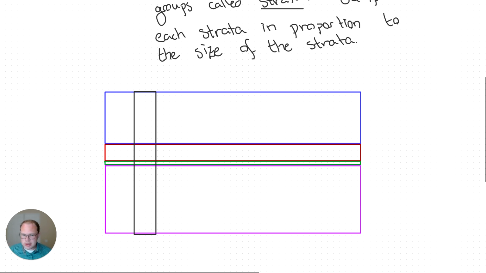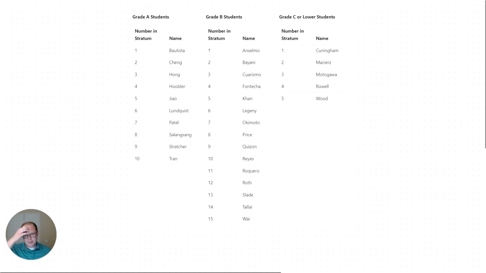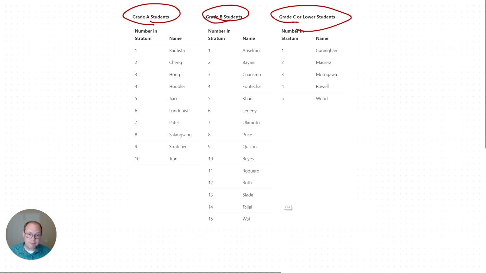Let's take a look at an example here. Hopefully you can read that. I know the text is a little small, but we have 3 groups of students: grade A students, grade B students, and grade C or lower students in this class.